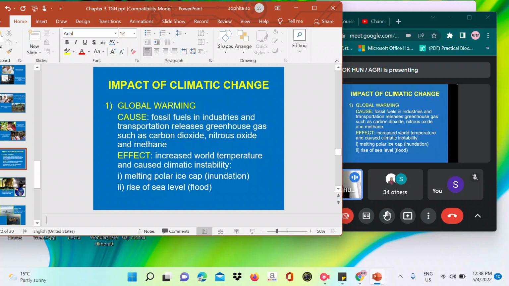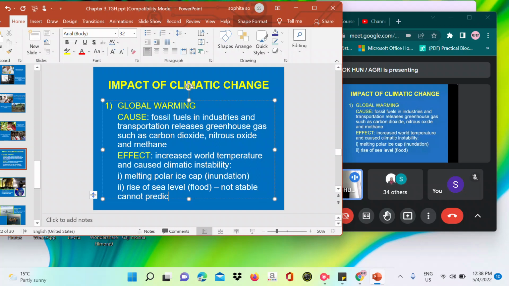But nowadays, floods can happen anytime, like February or March, floods in Kelantan and Terengganu. It's weird, but it's due to the changes of the climate. So it becomes unstable, and you cannot predict anymore what will happen next.